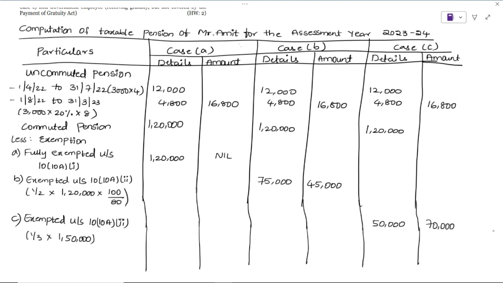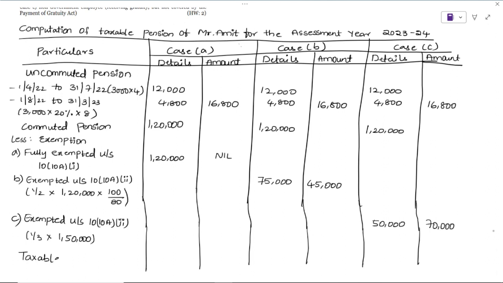Do you feel with this it is over? We only know how much commuted value is taxable and how much monthly pension is taxable. But total taxable pension, do we know? We have to do that. So let us do that part also.